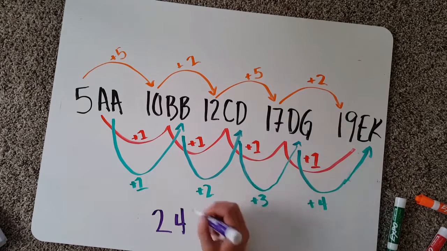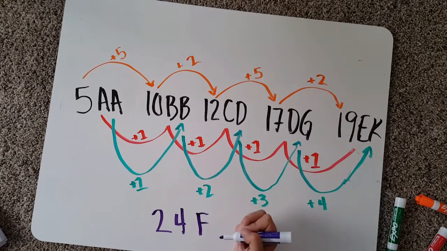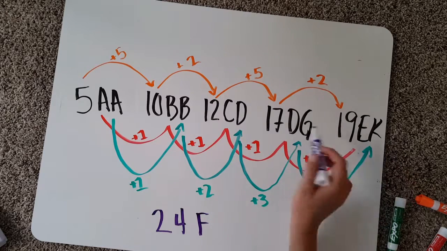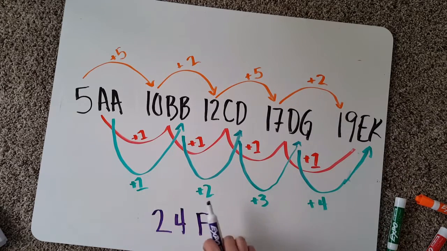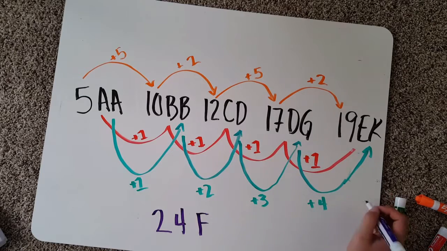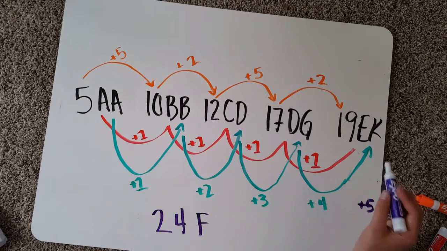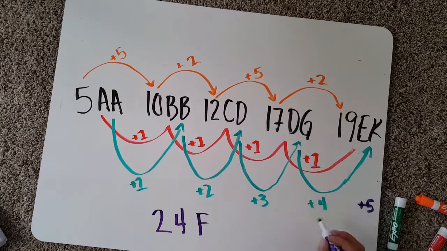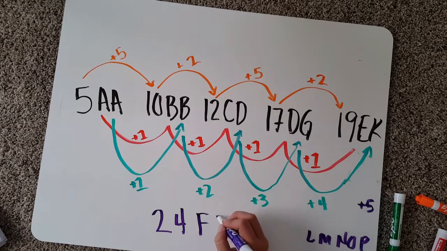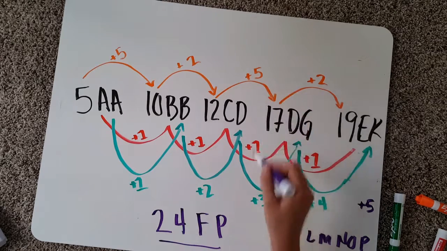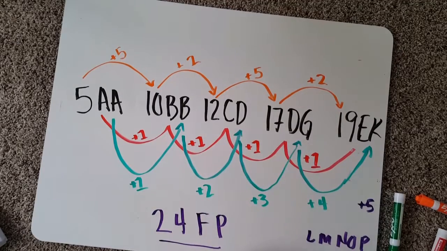So E, and then F. And when we get to the letter on the right, we know we've already increased by 1, 2, 3, 4. The next amount to increase it by would be 5. So L, M, N, O, P is the 5th letter. So FP. And that would be our next term using the rules or the pattern that we found in the previous ones.